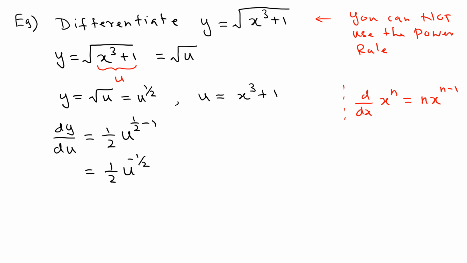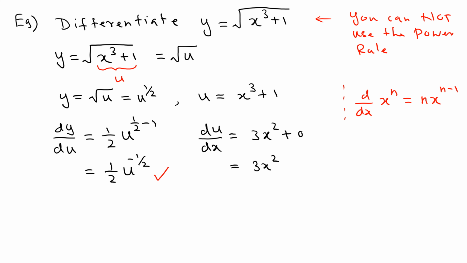That is the derivative of the outer function with respect to u. Then we take the derivative of the inside function with respect to x, which is 3x squared plus 0, because 1 is a constant, again using the power rule. So it simply equals 3x squared.